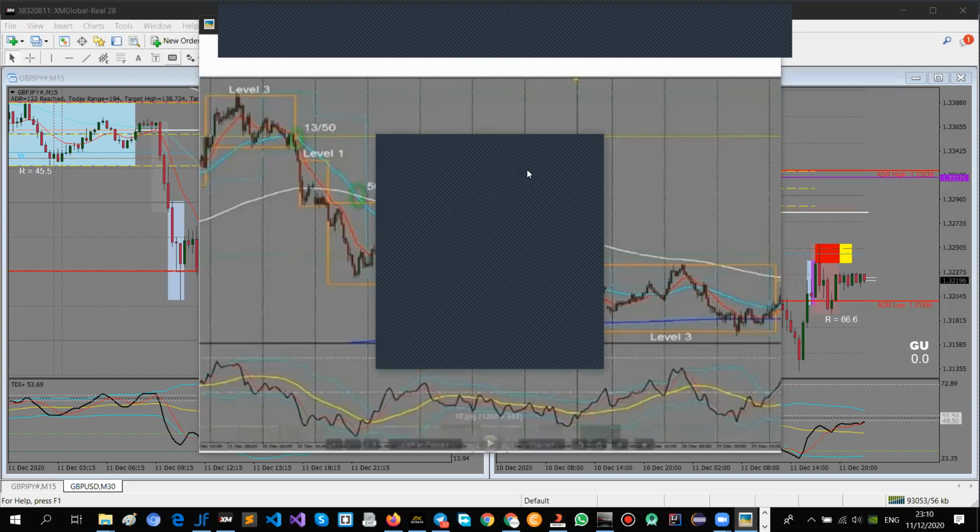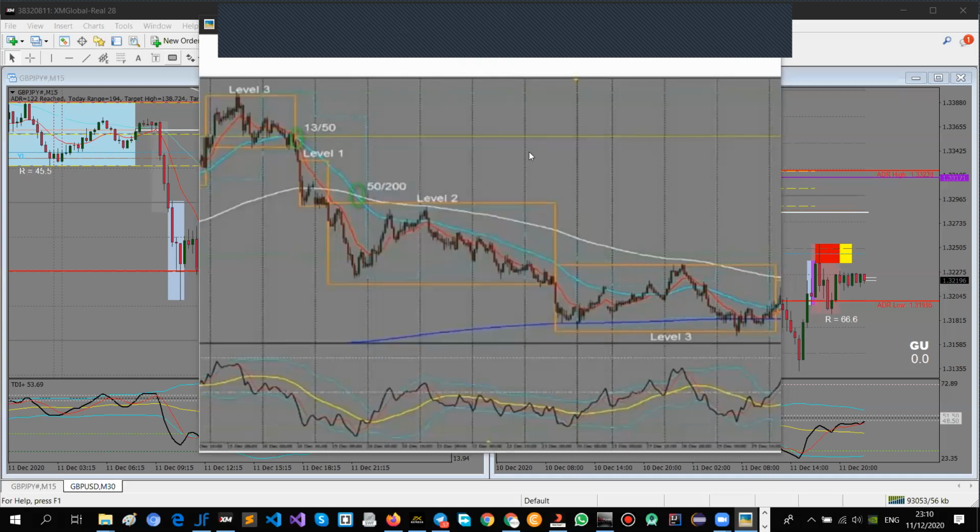Exactly. Thank you. Continuing from where we left, we're now talking about EMA crosses as the best method of counting levels. For EMA crosses, firstly, the peak is confirmed by the 13 and 50 EMA crossover.